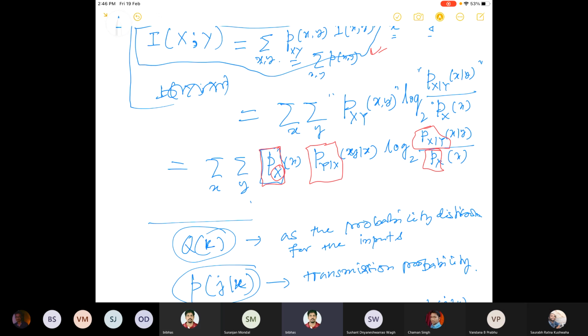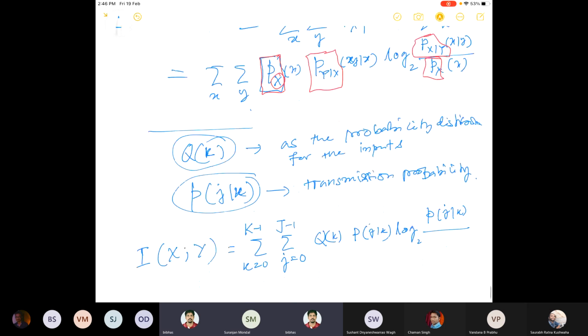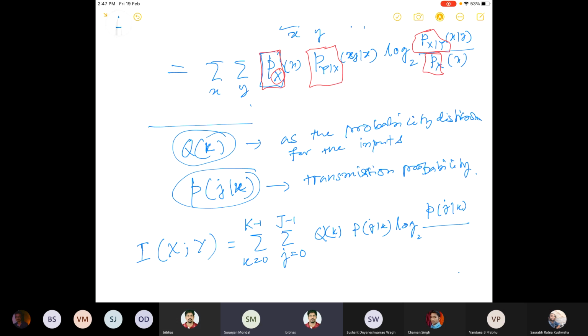That will be k given j in the numerator. In the numerator k given j, no?